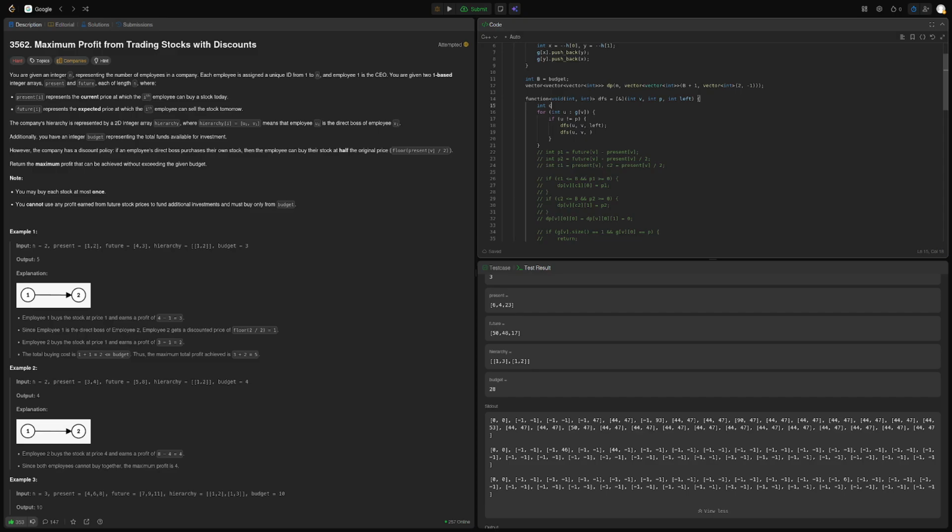int cost is present v, future v minus present v, and present and present v divided by 2, and profit future v minus cost 0 and future v minus c1.